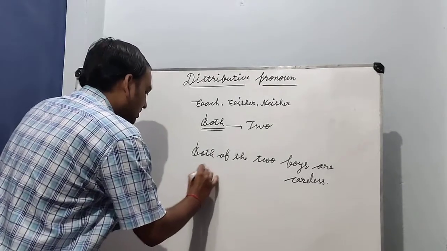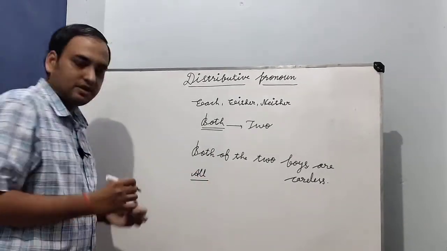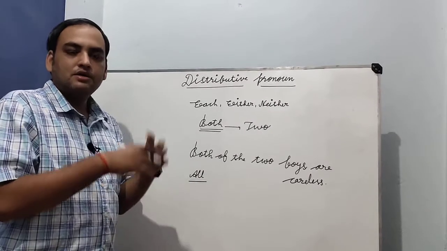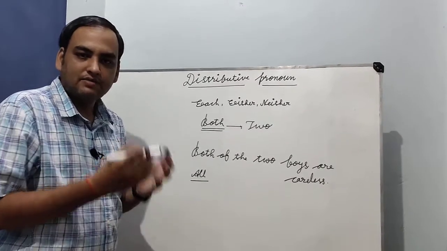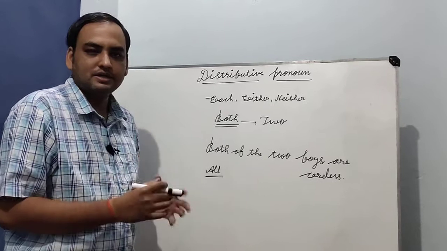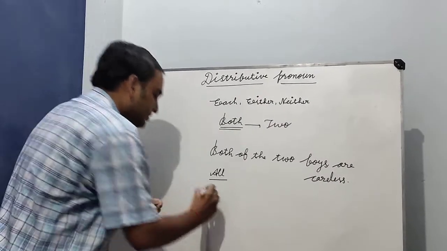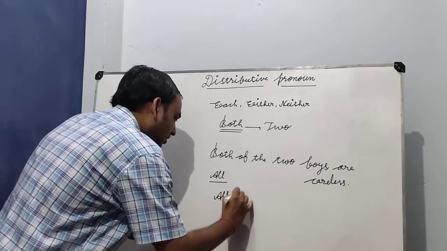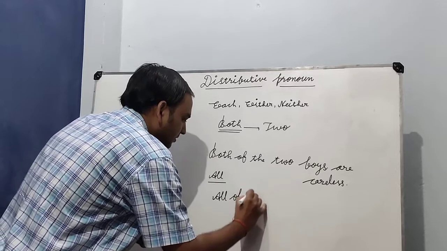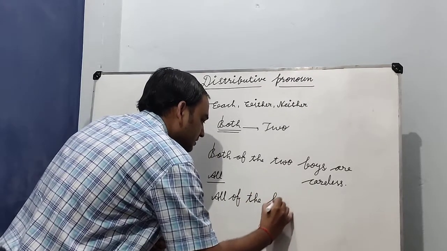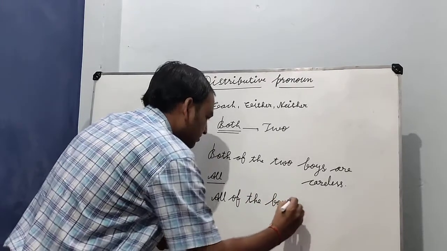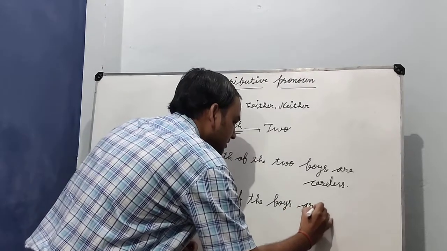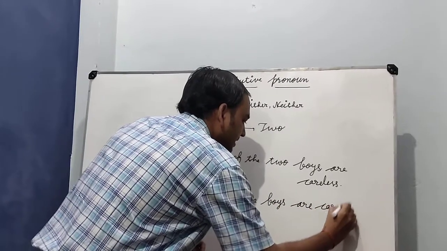Next is all. All means we are using all commonly for each and every person. We use all for everyone. So this pronoun will be used as: all of the boys are careless.